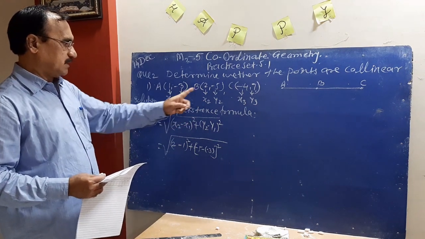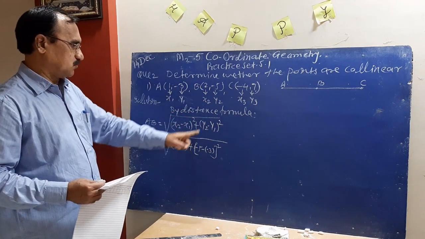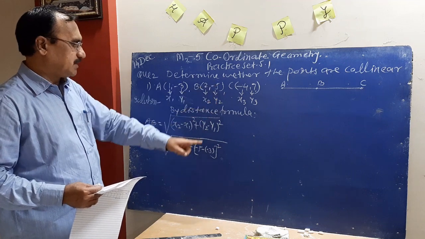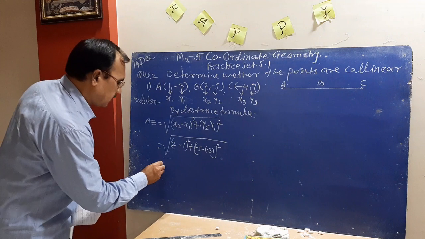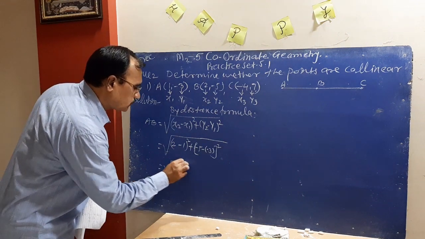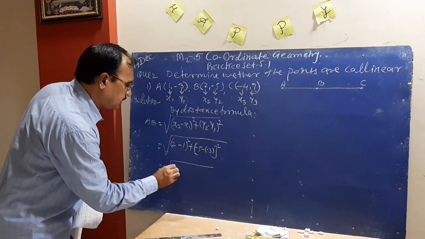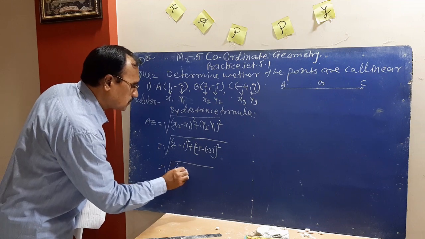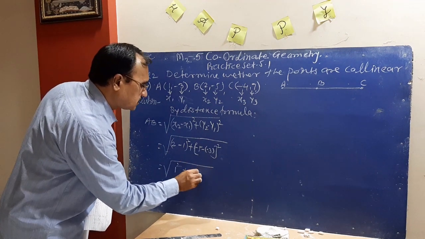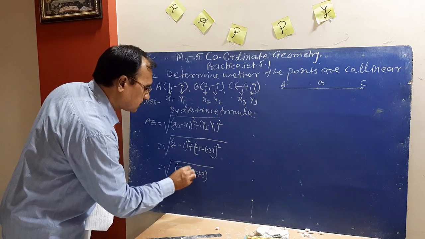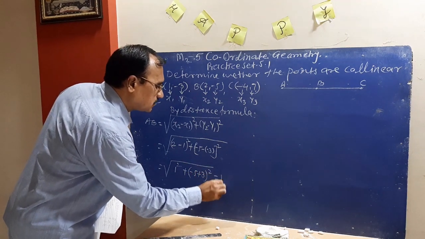So x2 minus x1, that is 2 minus 1, bracket square, plus y2 minus y1, that is minus 5 minus in bracket minus 3, is equal to 2 minus 1 is 1 square plus minus 5 plus 3 bracket square.